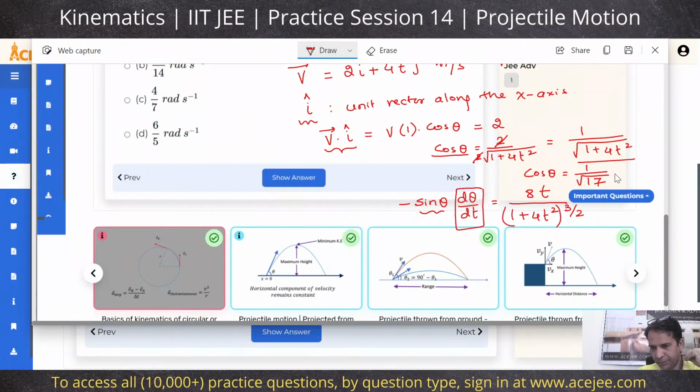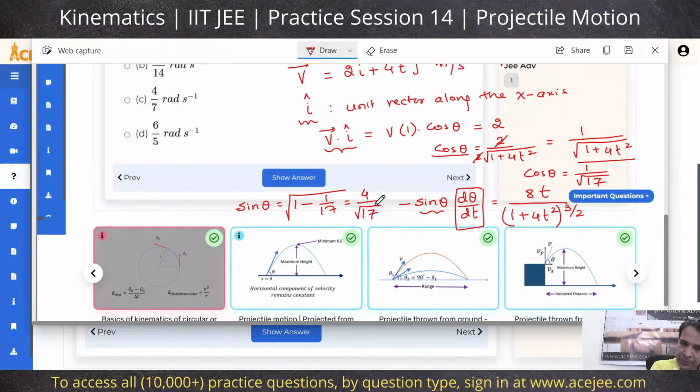These are odd numbers, but that's okay. Anyway, what is sine theta? Sine theta is square root of 1 minus cos square theta. So 1 minus 1 by 17, square root of 16 by 17. That is 4 by square root of 17.